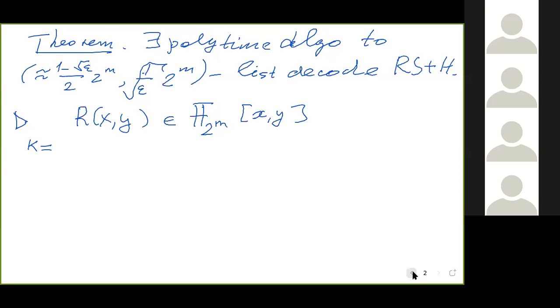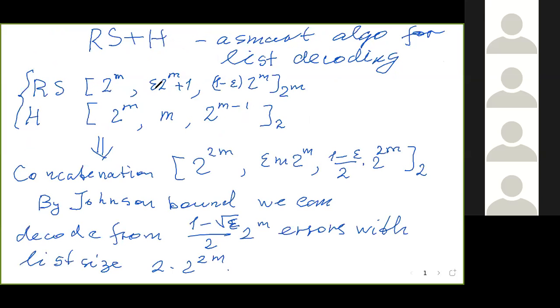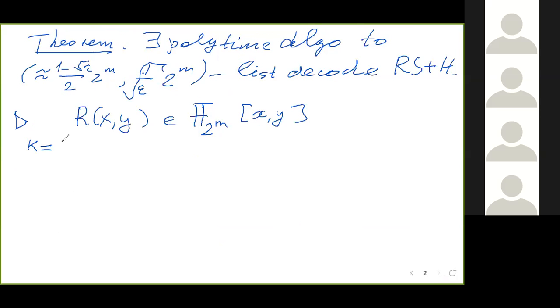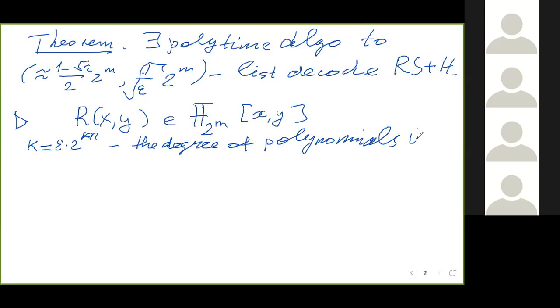In our case, the degree of polynomials is at most epsilon 2 to the m. We will denote this by k. So k is epsilon 2 to the m. And that is the degree of polynomials in the first code, in Reed Solomon code.